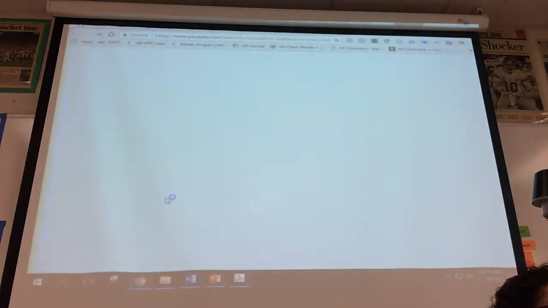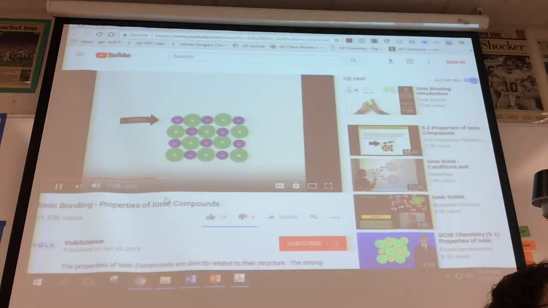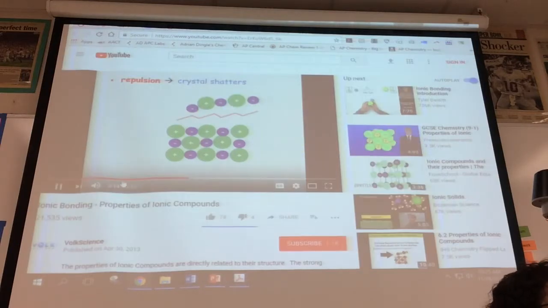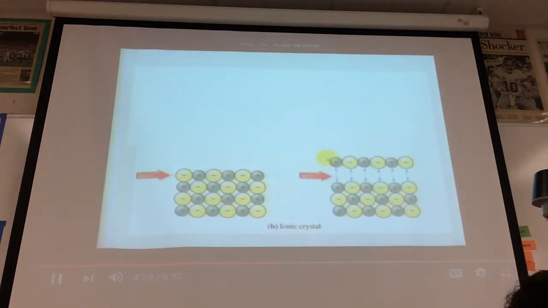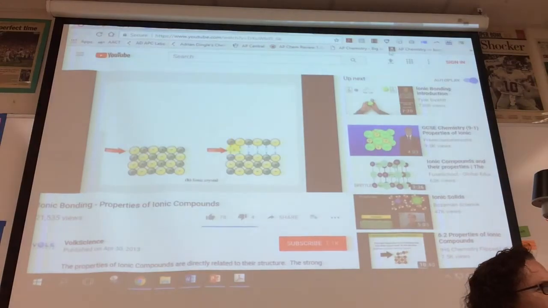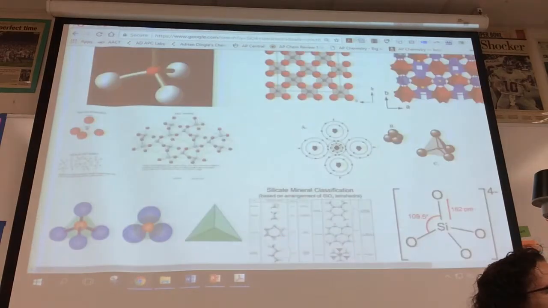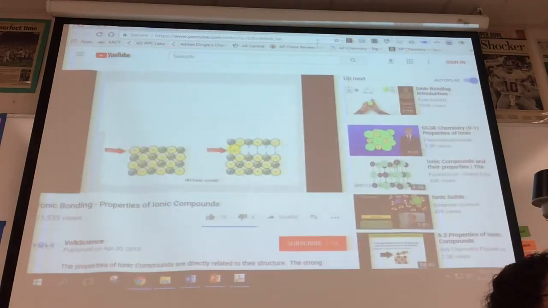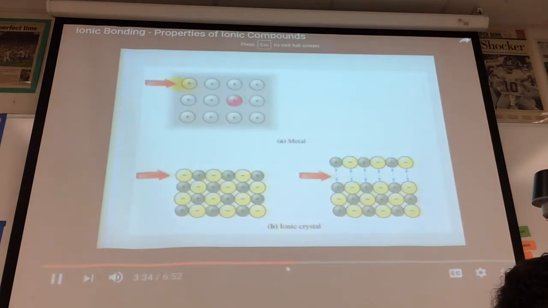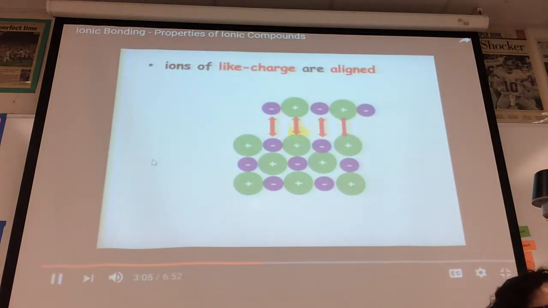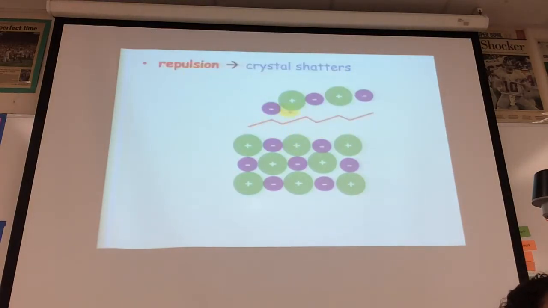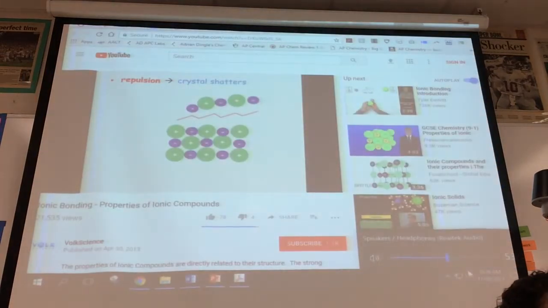And this repulsion causes the crystal to shatter. And that's what causes the brittleness.